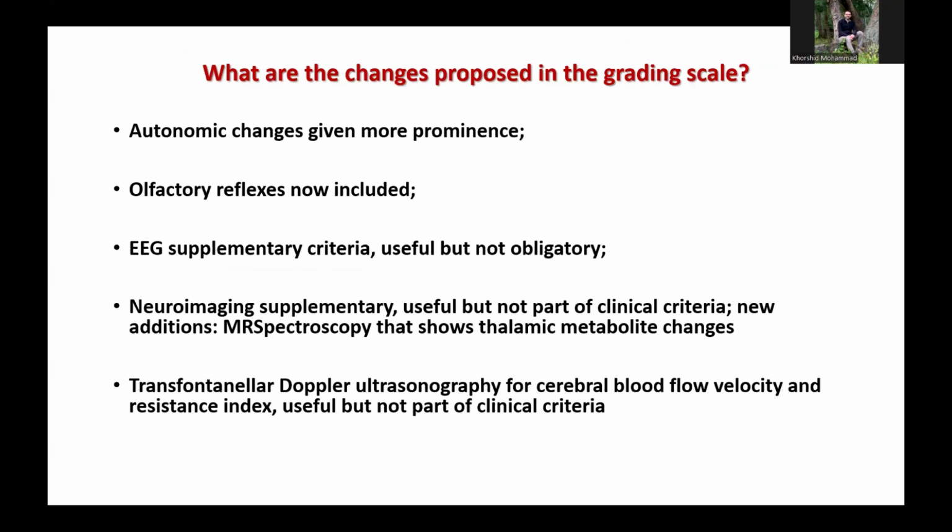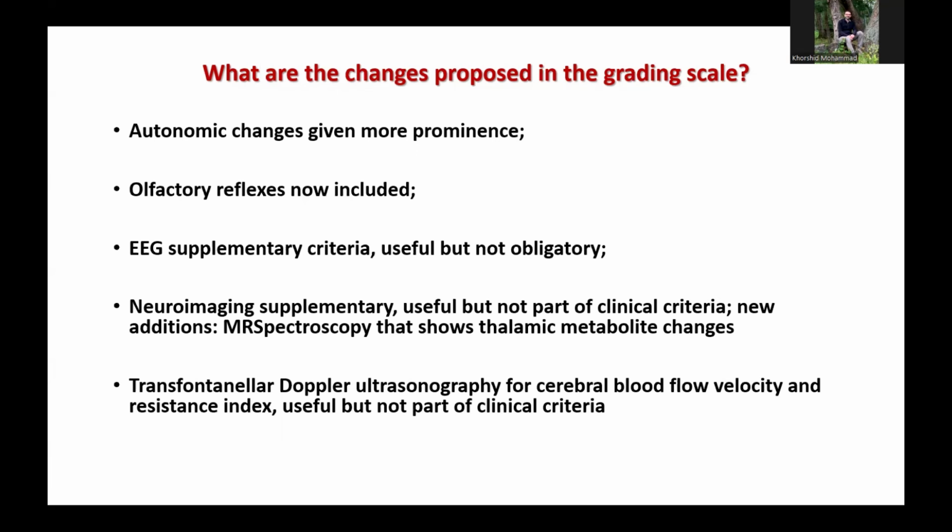And so what are the changes proposed in the grading scale? Autonomic changes, I think, should be given more prominence: changes in heart rate, blood pressure, pupillary size, peristalsis of the GI tract, that can reflect vagal discharge or, on the other hand, sympathetic discharge, and olfactory reflexes, which I'll describe.